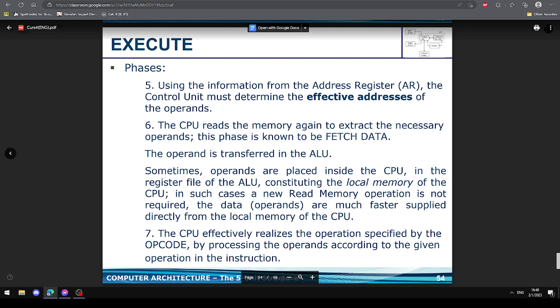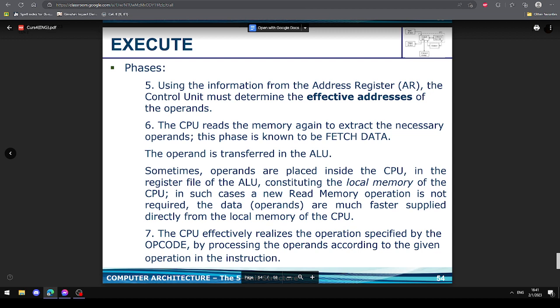The operand is transferred to the arithmetic logic unit. Sometimes operands are placed inside the CPU in the register file of the arithmetic logic unit, constituting the local memory of the CPU. In such cases, a new memory read operation is not required. The data operands are supplied much faster, directly from the local memory of the CPU.